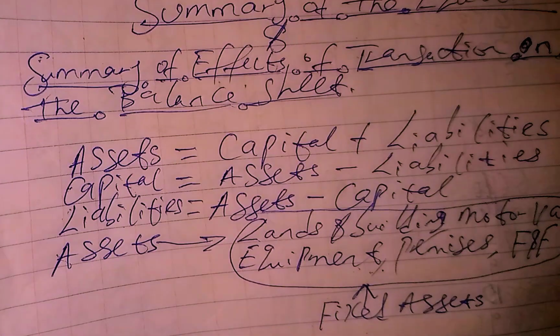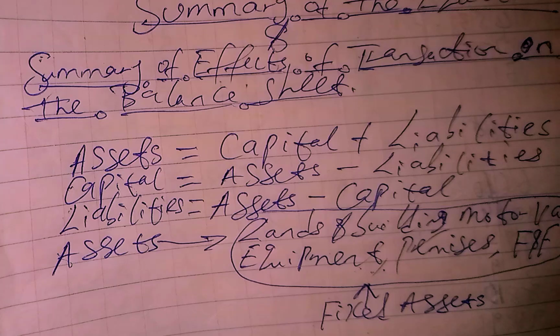Now, we also have current assets. Basically, assets are divided into two categories. In the first class on the accounting equation, I mentioned that they are the fixed assets, or non-current assets, and the current assets.